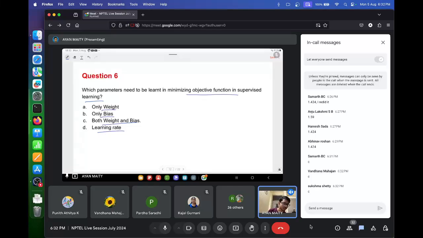Samarth says option C, Vandana says C, Sushma says C. So the correct answer is option C. In supervised learning problems, we minimize the objective function with respect to both weight and bias. So we learn both the parameters, weight and bias, by minimizing the objective function. So option C is the correct answer.